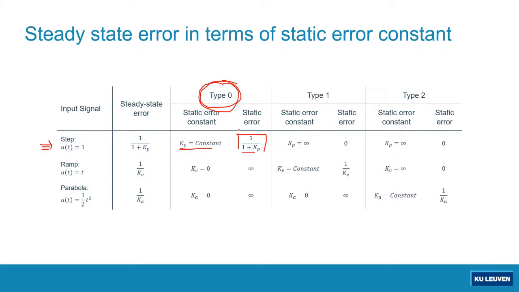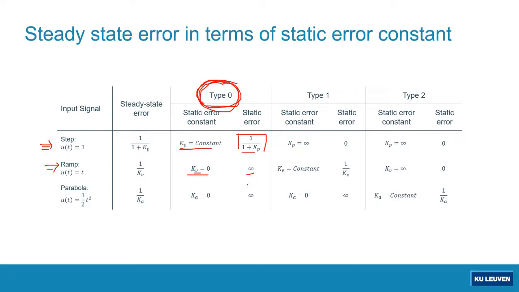Okay. But if to the same system, type 0 system, ramp input is given, apparently for type 0 system, the static velocity error constant, the Kv, will be equal to 0. This brings a consequence that the steady state error will be equal to infinite, which means if to this type 0 system ramp input is given, the steady state error will be infinite.